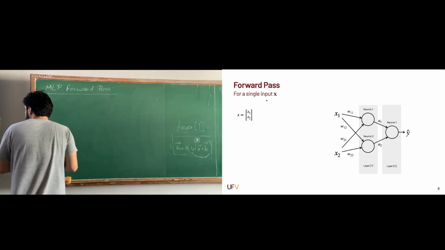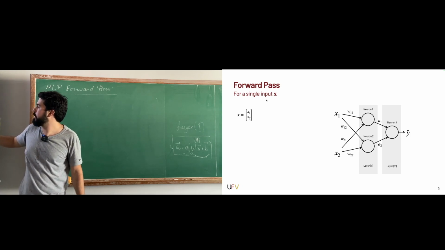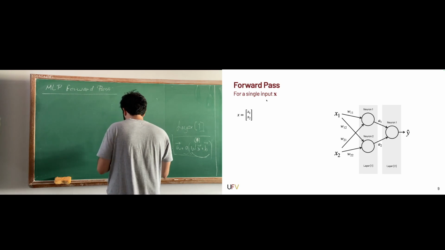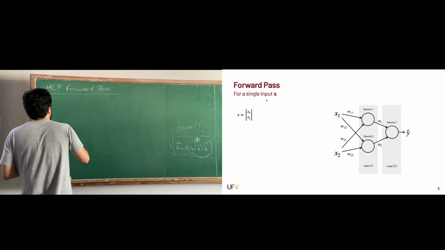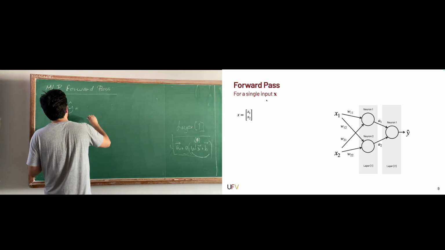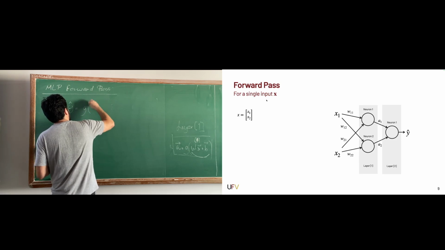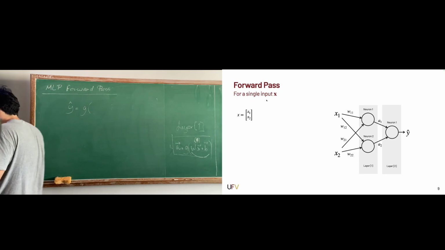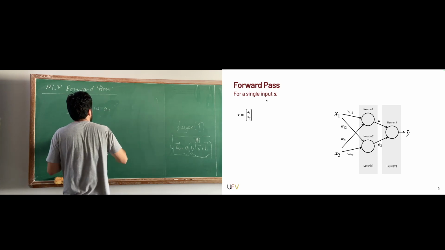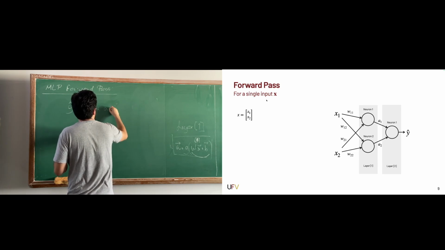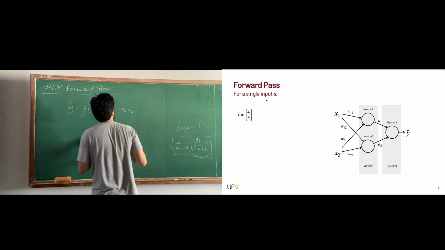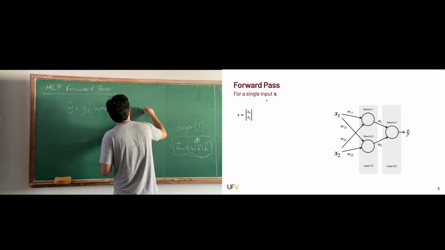Okay. We're going to have to compute now y hat, which is the output of our final layer, which in this case is an output layer, right? So what is y hat here? Y hat is equal to G of this neuron now, okay? W1 A1 plus W2 A2 plus B1.